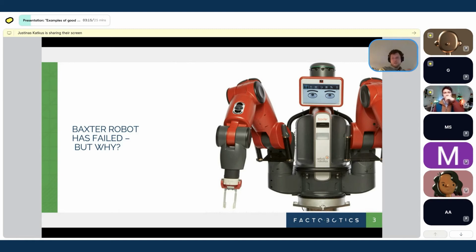But actually, Rethink Robotics has raised over $60 million in the US, and they have been closed down. It had a promise of bringing a standardized, cheap industrial robot, which could be used in any setup in the market, and actually they didn't manage to achieve that. Of course they wanted to make it a very competitive price, so that it costs less than $30,000, everything included.